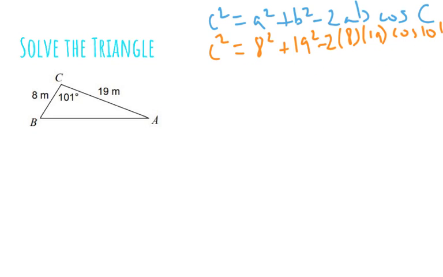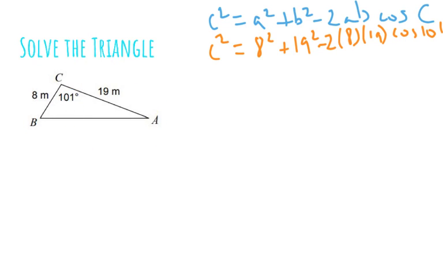The biggest thing right now is that our calculator has two modes. It has degree mode and it has radian mode. In our trig pre-calc class, we've been going back and forth between those two depending on what we are looking for. In this problem, everything revolves around degrees. I don't see any radians going on in this problem.